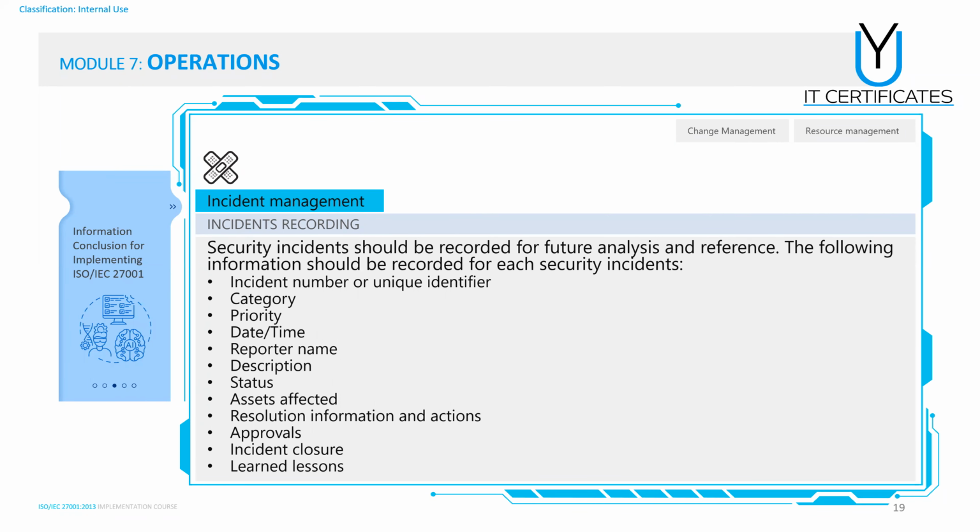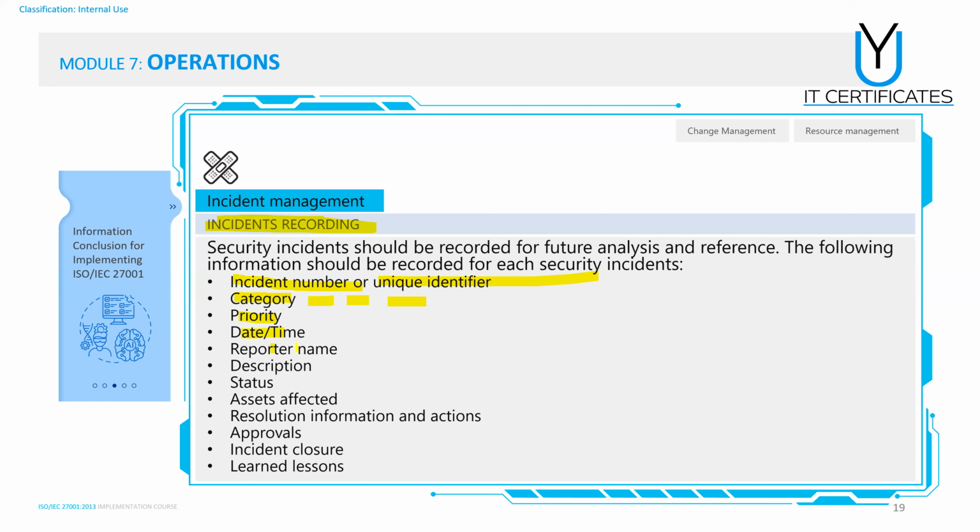Okay, when you start to make the incident recordings, what information should you include? Number one, the incident number or any unique identifier. You have to define the category of the incident. It may be hardware, software, network, whatever the category. What is its priority? Of course, the priority is defined by the consequences. If the consequences and impact of the incident are high, then its priority will be high.